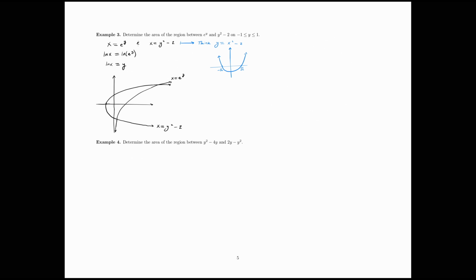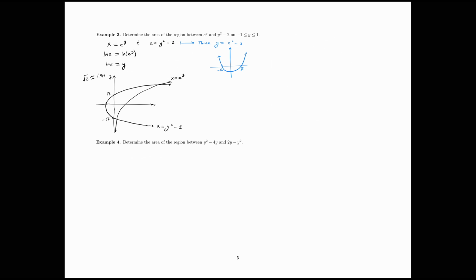Okay, so this value here is positive root 2. This value here is negative root 2. Keep in mind that the square root of 2 is approximately 1.414. So we are only interested in integrating for y between negative 1 and 1. So there's going to be some value here.